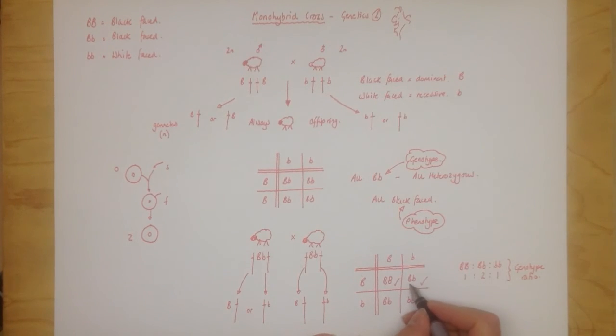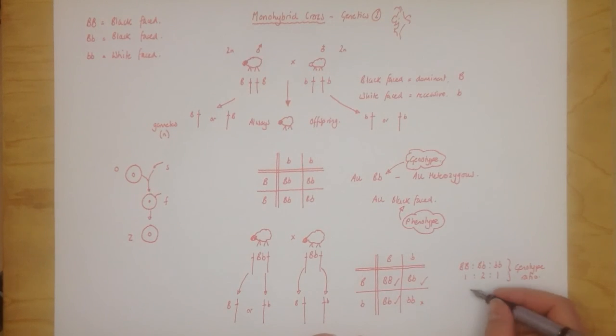This one's black-faced because it's got the dominant gene. This one's black-faced because it's got the dominant gene. This one's white-faced because it's got homozygous recessive. So you have 3 to 1, black-faced to white-faced. And that's called a phenotype ratio.